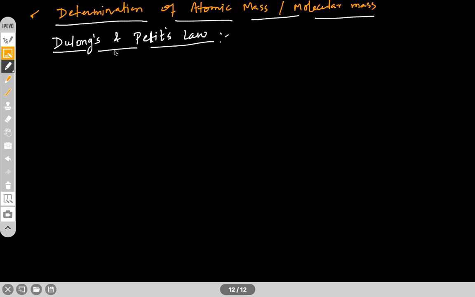So this statement to write down: in case of solid, it is observed that the product of atomic mass and specific heat capacity is almost constant.